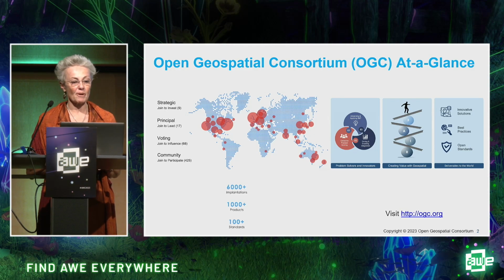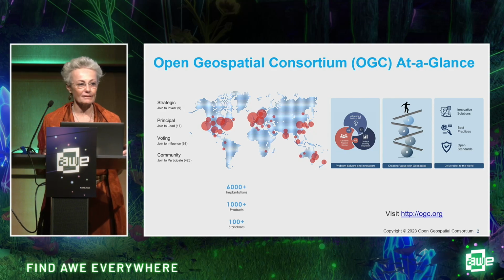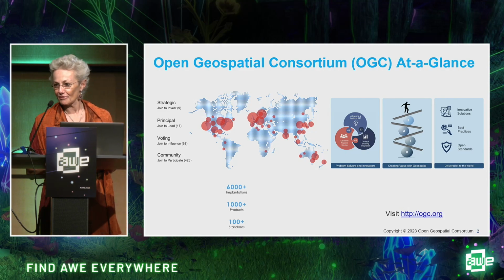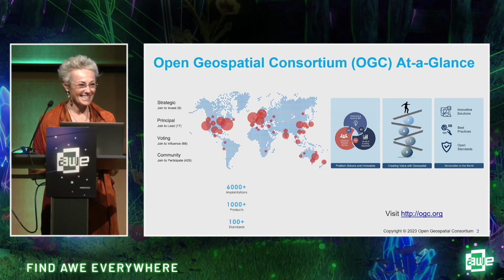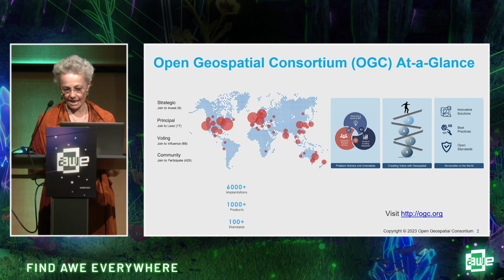It's been around for about 35 years, started in the time of satellites, and big data was gigabytes of information. Now it's something else. And so it has a long history, and it has some very, very well-established standards.